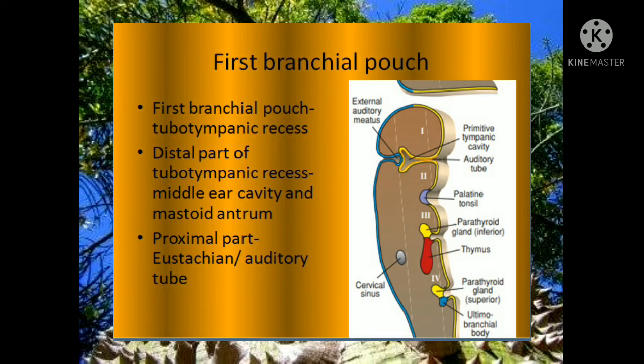This diverticulum is called the tubotympanic recess. The proximal part of this recess gives rise to the auditory tube, and the distal part expands to form the middle ear cavity, including the tympanic or mastoid antrum. The auditory tube is the communication between the nasopharynx and the middle ear cavity.